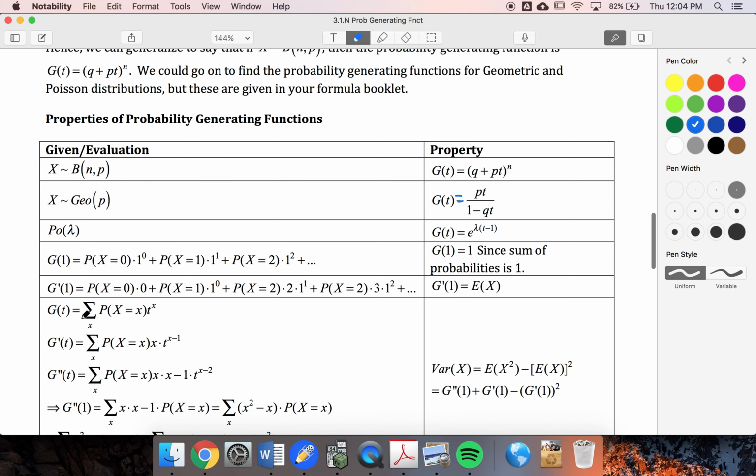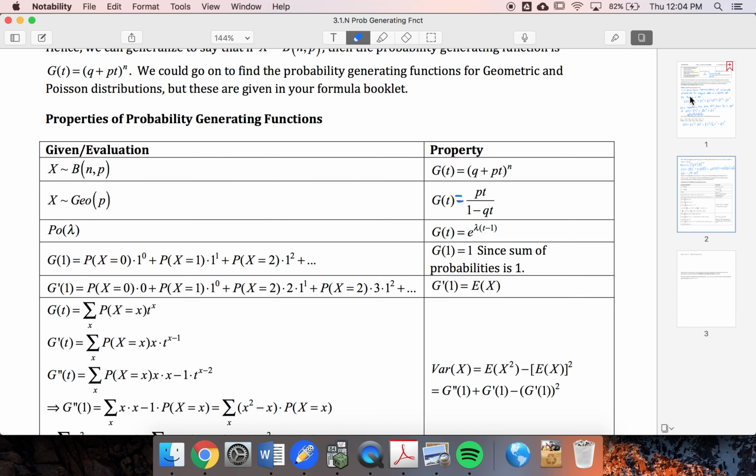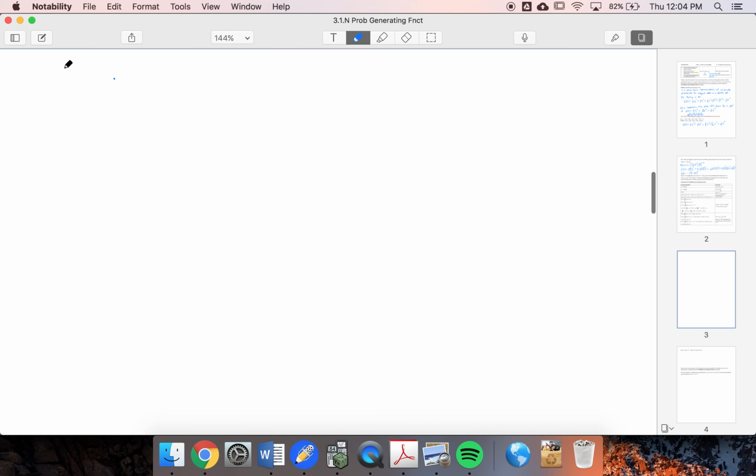So even though I said t is a dummy variable, we do have some interesting things when we plug in values for t. So let me add a page here. Again, we saw that our generating function is the sum for all our x values of the probability that X equals x, times t to the x.